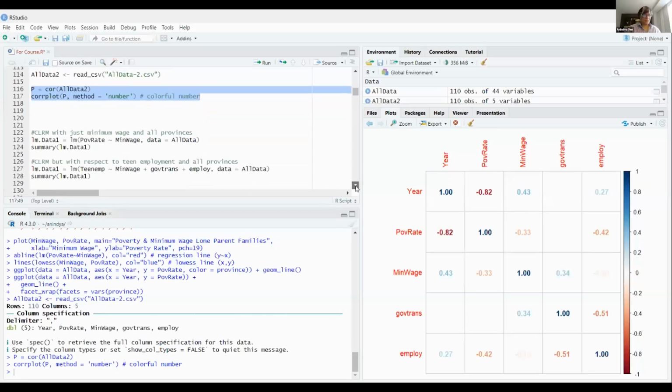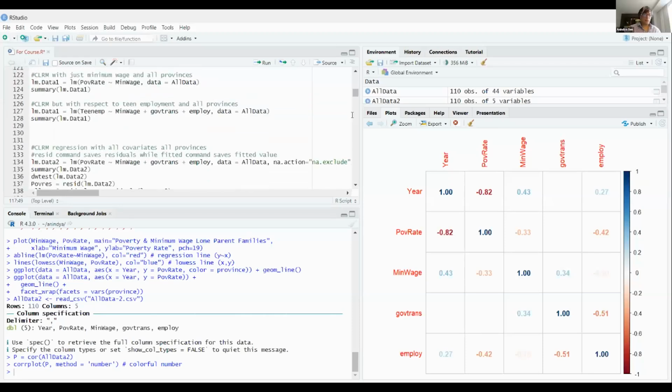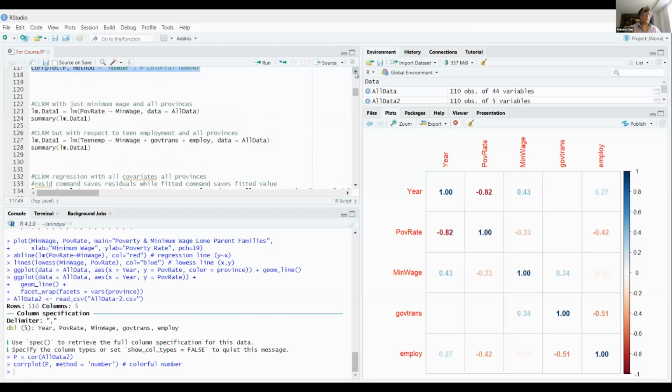Thank you. Okay, so now when you run your regression analysis in R, you give your regression a particular name. You can give it any name you want, so I'm just calling it lm.data1.